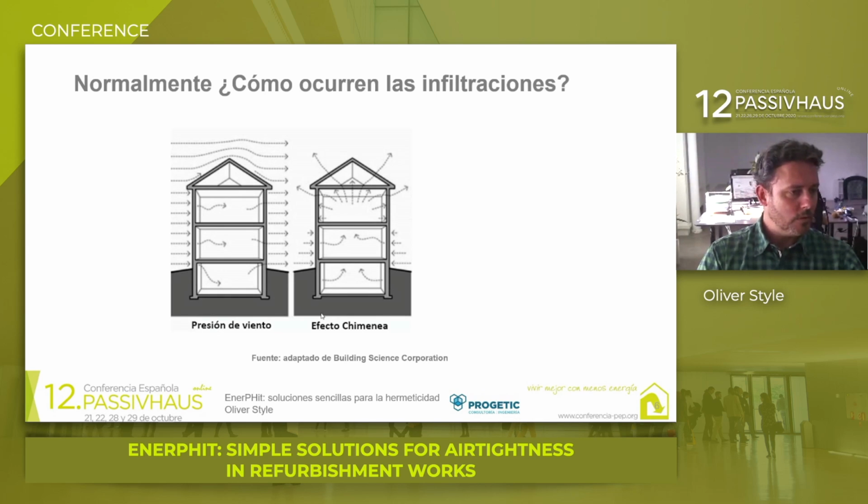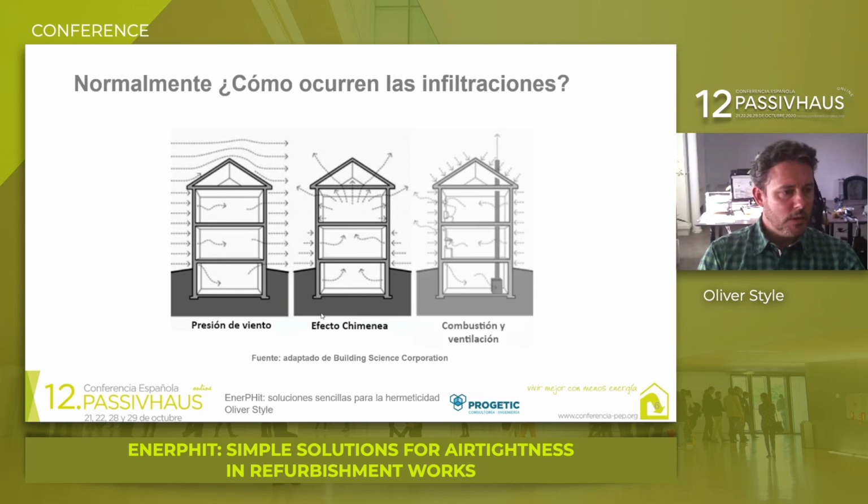This can potentially be dangerous in areas where there is radon gas. I'll explain an example later on. And then combustion and ventilation. Balanced non-double exhaust ventilation flow, where a combustion unit, boiler or stove, requires air for combustion, and this causes infiltration, just like kitchen hoods or fans in bathrooms once they are activated.